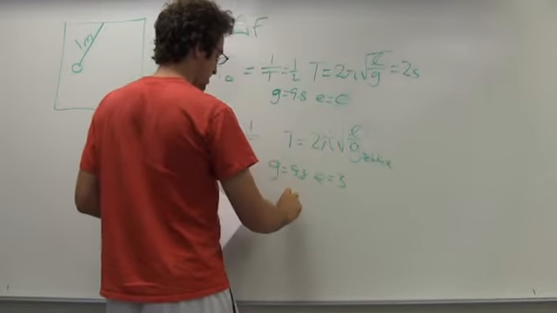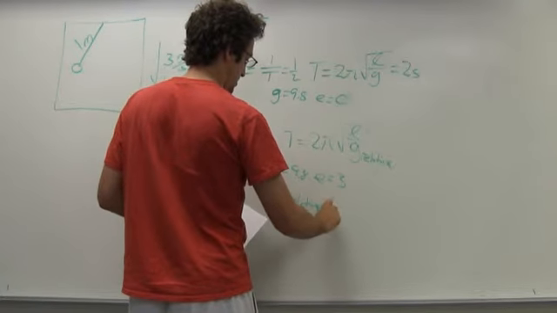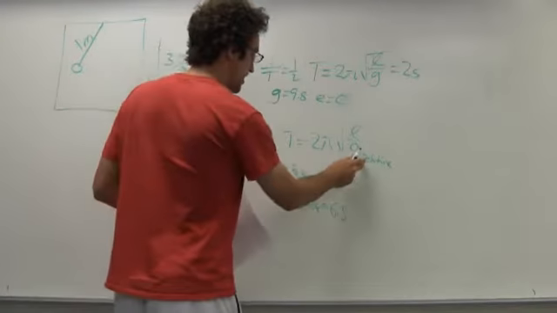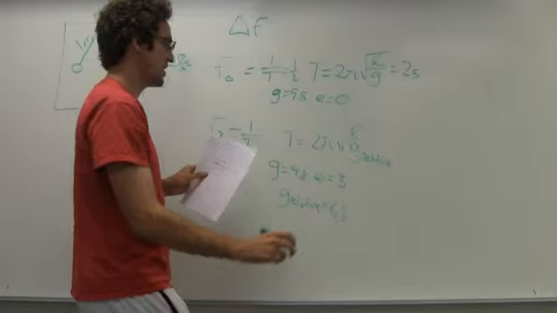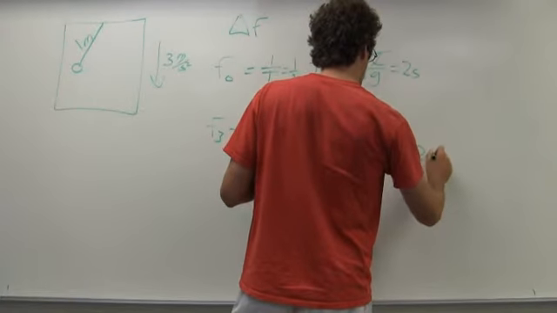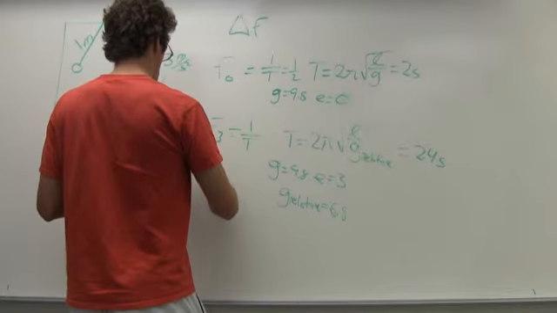That's actually going to be g relative equals 6.8. Okay, we're going to plug that in, again with a length of 1 meter, and we end up getting a period of 2.4 seconds.